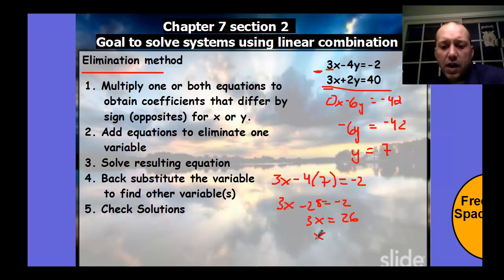And then I can divide, so x is 26/3, which we could say is 8 2/3, and that's fine. It's okay to have fraction answers, rational answers. If you want to make sure that you're correct, you could take the 7 and the 8 2/3 and plug them into the second equation to make sure it still works for both equations.